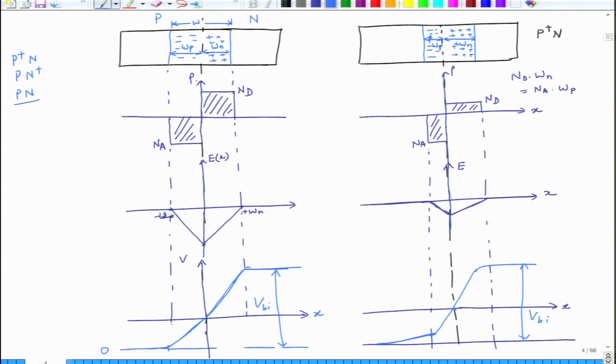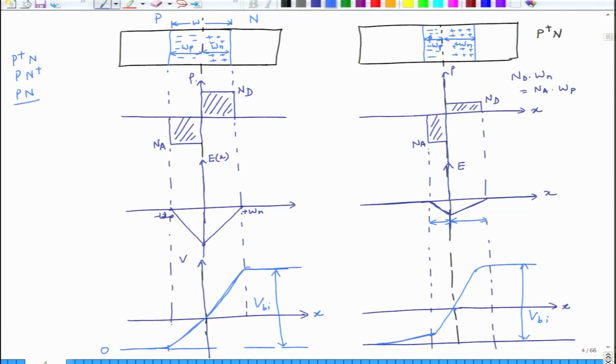So you can see that the electric field goes from 0 to some value in the heavily doped region over a shorter distance than in this region. So the drop in the electric field is more in the region which is heavily doped, as compared to the region which is lightly doped, because within that small distance you have large charge density, and suddenly you go to 0 charge density here.